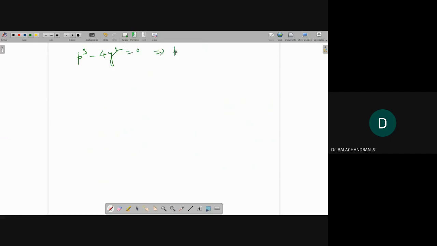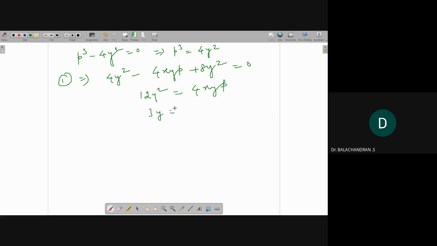This implies p cube equal to 4y square. Now equation 1 implies p cube is 4y square minus 4xyp plus 8y square equal to 0. So now 12y square equal to 4xyp, or 3y equal to xp. But I have only p cube, so that's why I'm going to take cube on both sides.